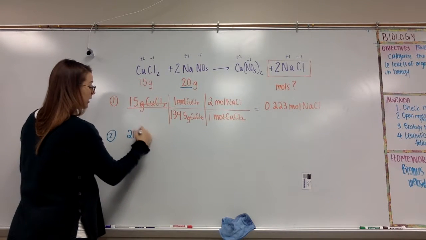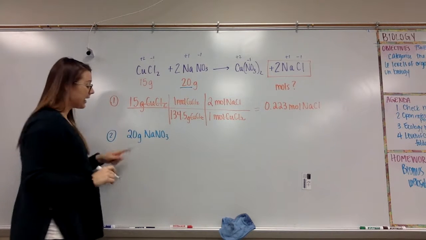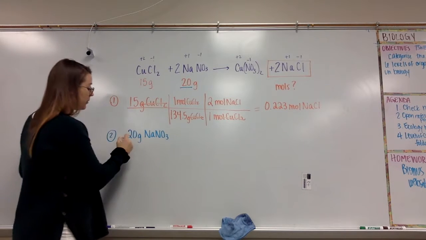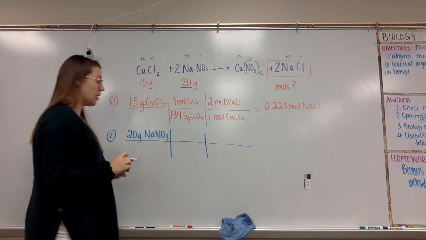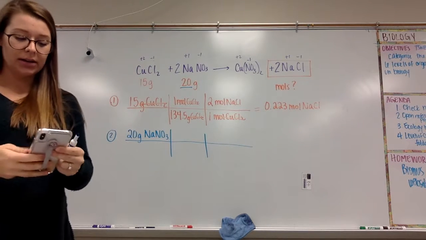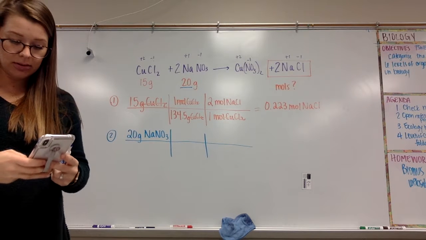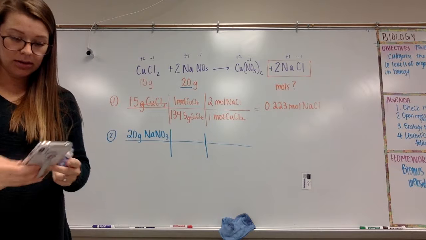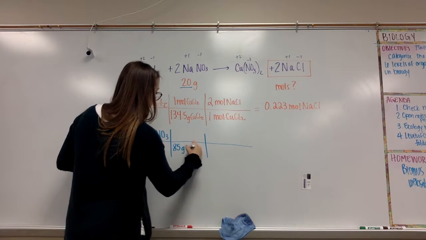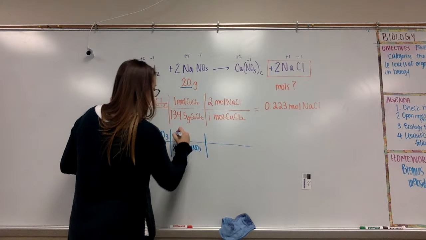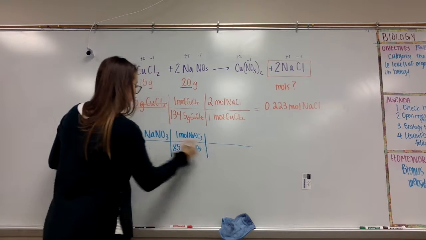So I have 20 grams sodium nitrate. And again, this is going to be a grams to moles problem. Same idea here. So I'm going to use the molar mass of sodium nitrate. Let me do that really quick. So I have 85 grams goes on bottom, because that's my molar mass of sodium nitrate. And my 1 mole goes on top, so that these units cancel.